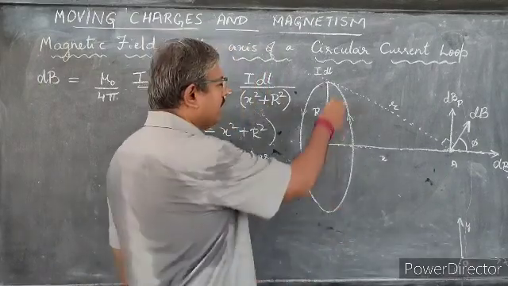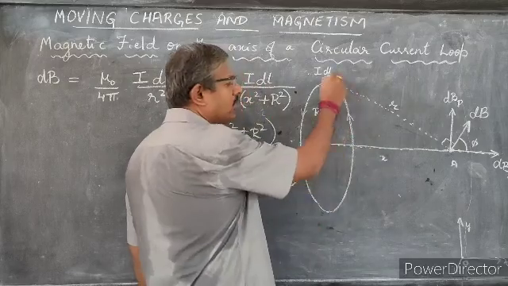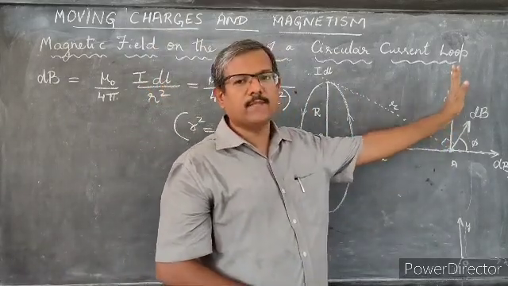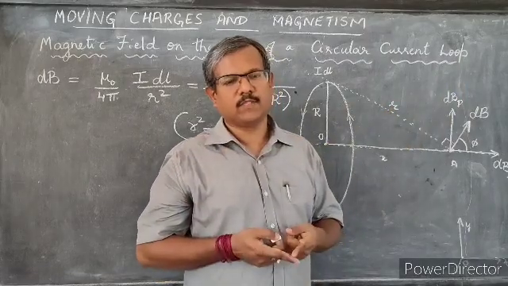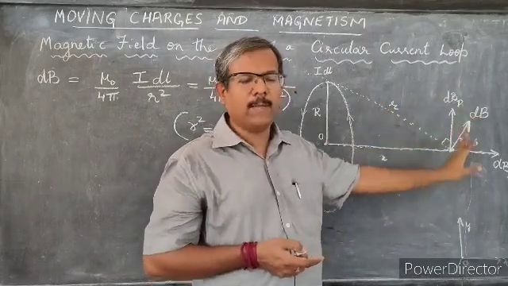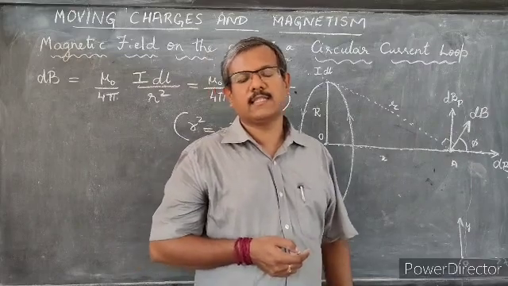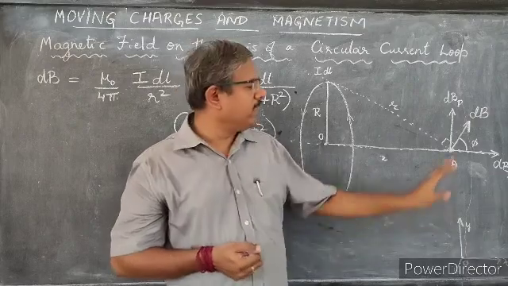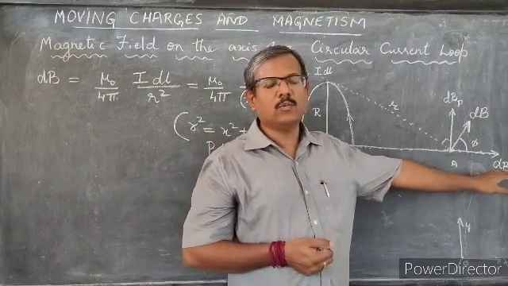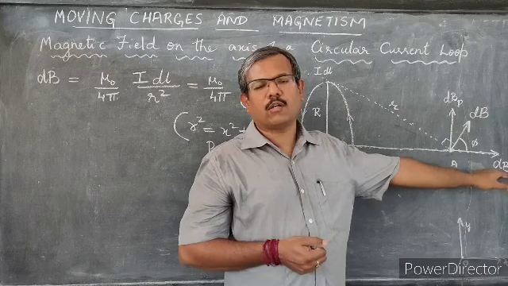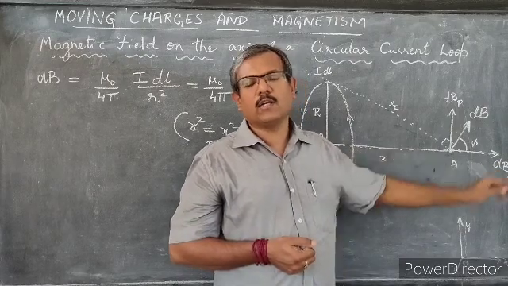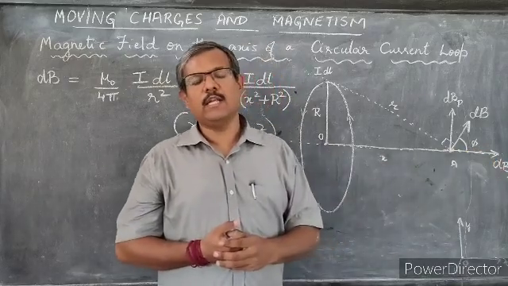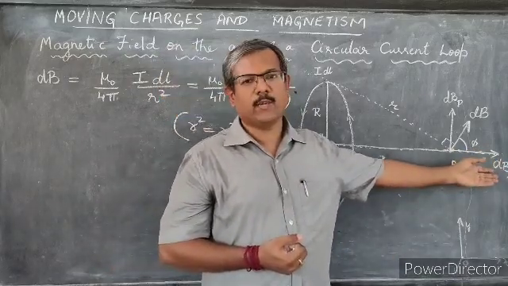So eventually, if I consider all the current elements along this circular loop, the perpendicular components all cancel out each other, which means when I sum up all the perpendicular components, the net summation is 0. That leaves me to find out what the components along the x-axis are. That's my only scope of interest over here.